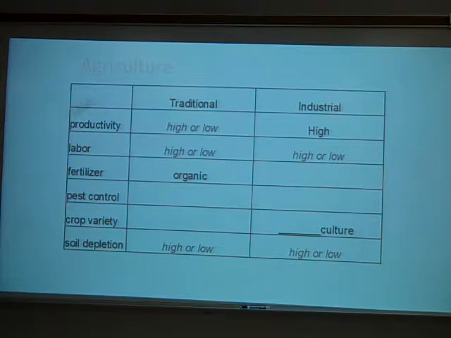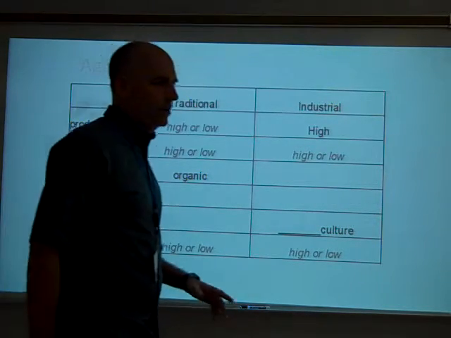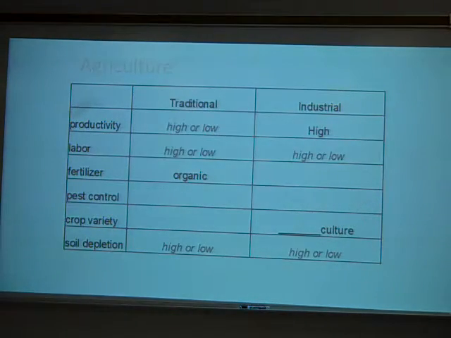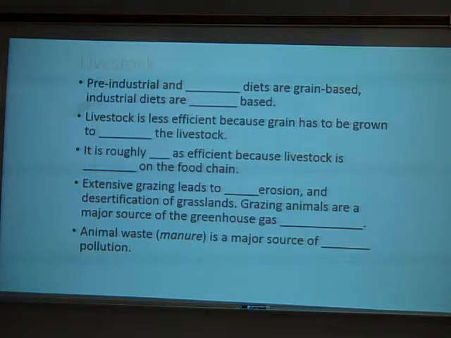But with new mechanization, these new crops, and new chemical fertilizer, it became possible to increase the output so much that it became a profitable venture. And of course, as we know, once you get industry and profit involved, the sky's the limit, kind of. So a lot of times you see problems associated with that. So just picture what a traditional farm would be as opposed to an industrial farm, and the pluses and minuses of both.